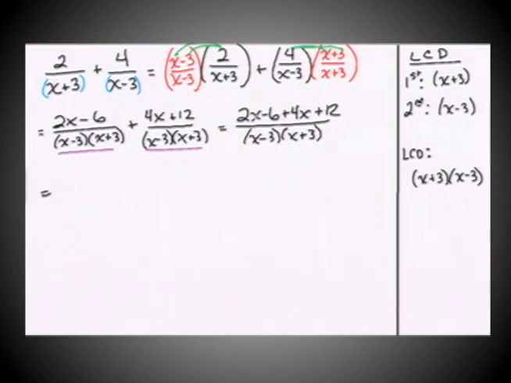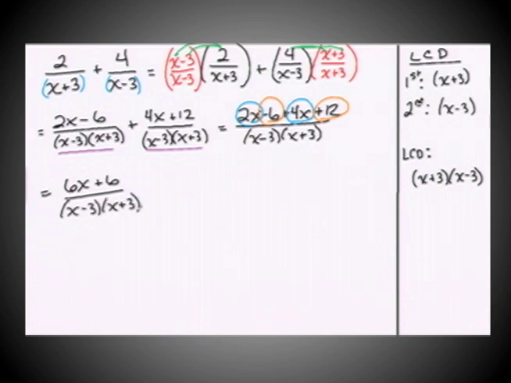So I see like terms with my x's here, and I have like terms with my constants. So I just want to put all that together. 2x and 4x gives 6x. And negative 6 and positive 12 is positive 6 over x minus 3 times x plus 3.